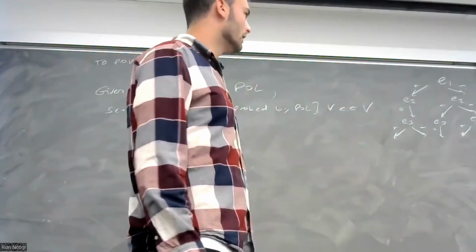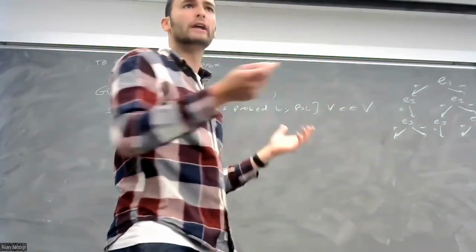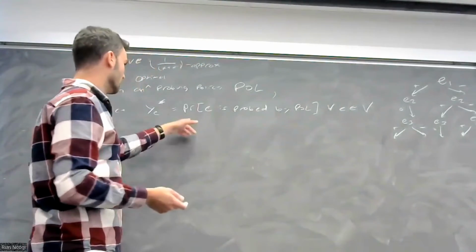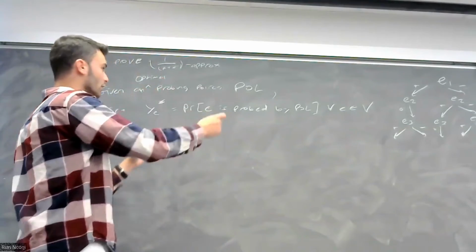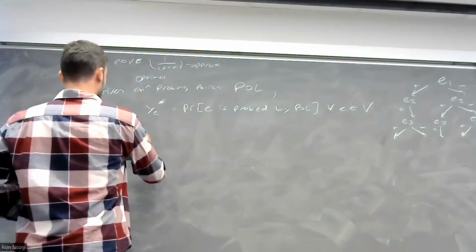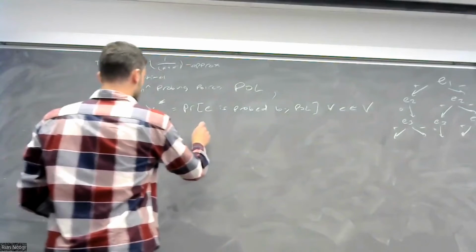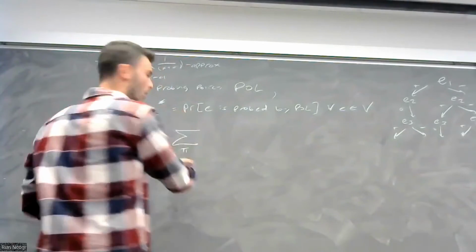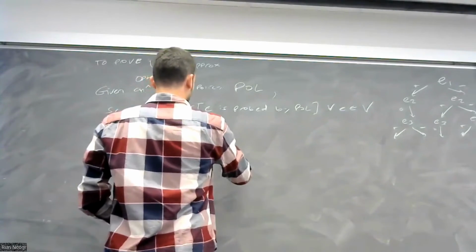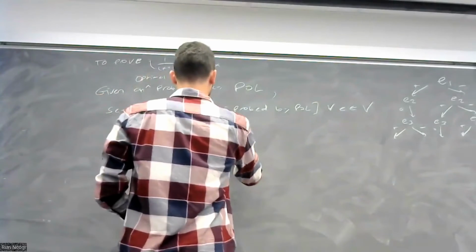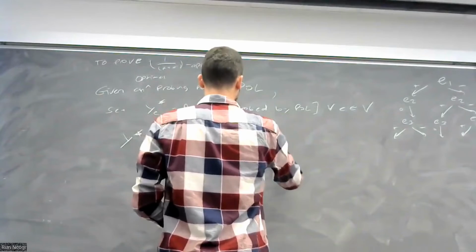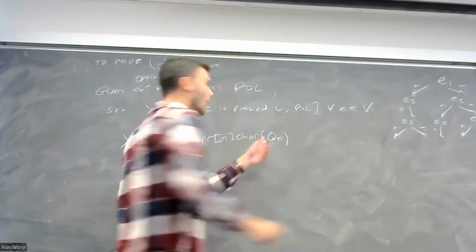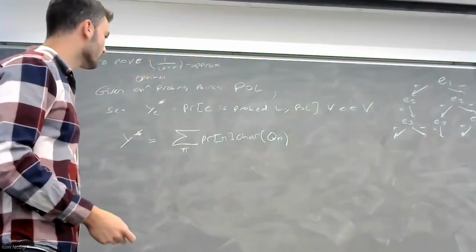One way of showing it is we can write y star as a linear combination: the sum over all possible outcomes, just like we were doing in the previous case, of the probability of the outcome times the characteristic vector of the elements that were probed.